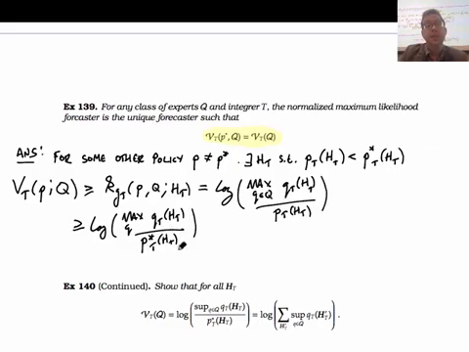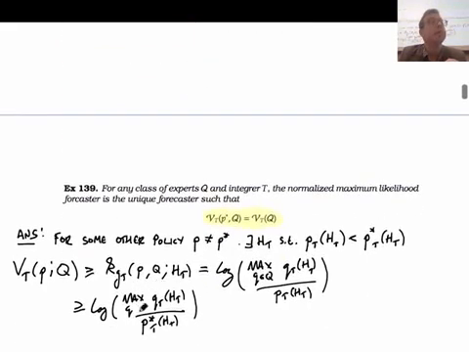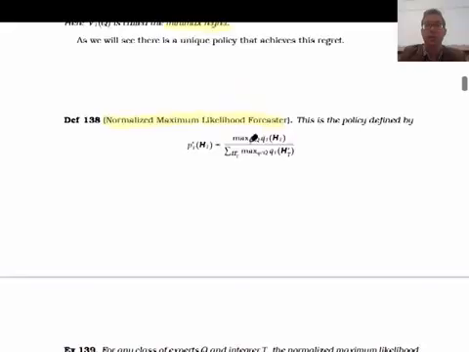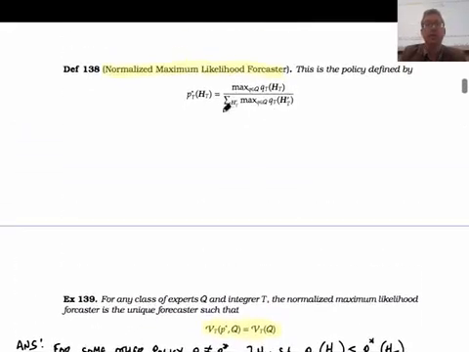Then what I can notice is the way I've defined P star is so that it's proportional to this term. Notice the way I've defined P star is it's already got that maximization at the top. So that term is going to cancel with that term, and all we're left with is this sum.